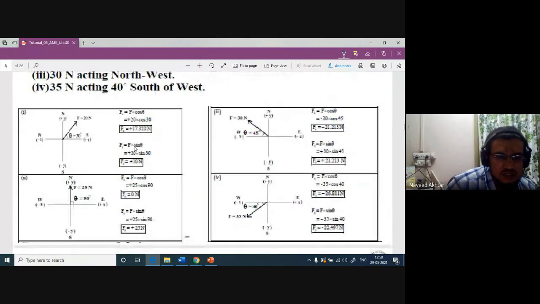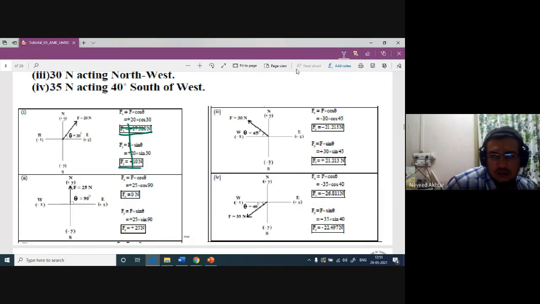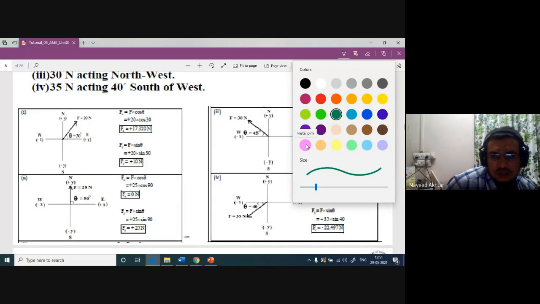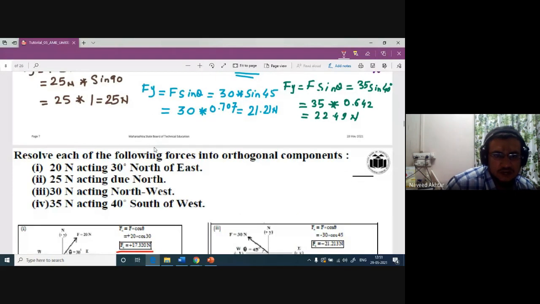You can see here f1 is 17.32 as we have found out, fy is 10 Newton, it is matching with our result, we have calculated properly.